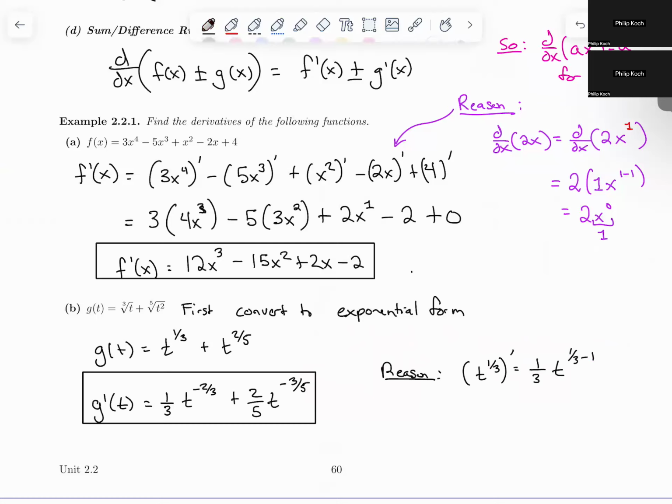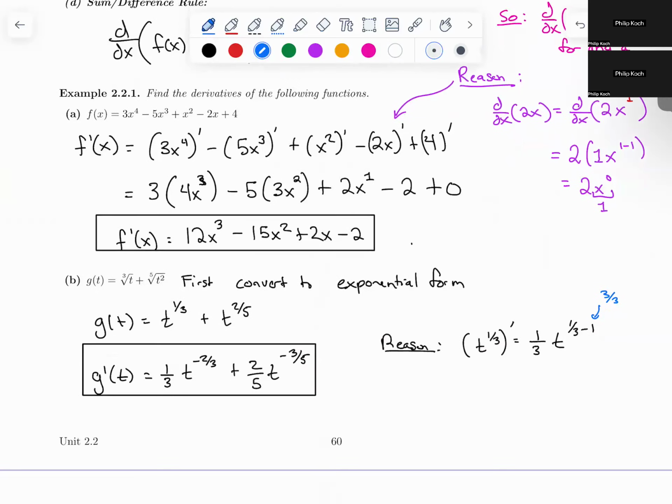And the key trick is that when you're subtracting 1, you can just rewrite it as the denominator over the denominator. So you can rewrite 1 as 3/3. 1/3 minus 3/3, that's negative 2/3. For the other one, 2/5, it's going to be 2/5 minus 5/5, hence negative 3/5.